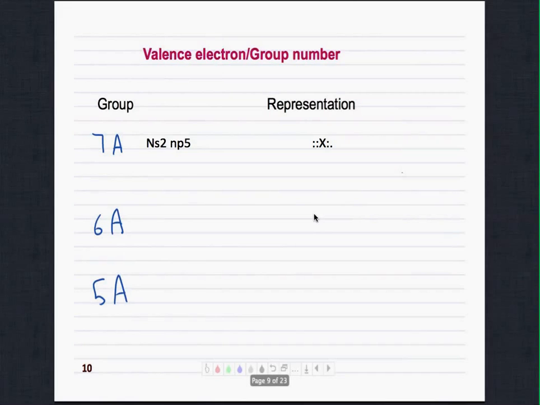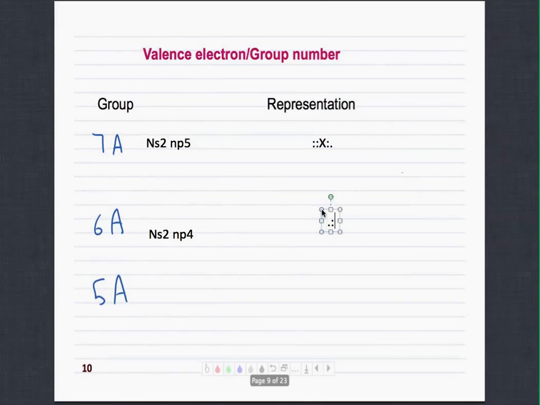Now we're going to go to 6A. We know that it is ns2 np4. So the box notation is like a box, 2, 3, 4. So again, 1, 2, 3, 4, 5, 6.